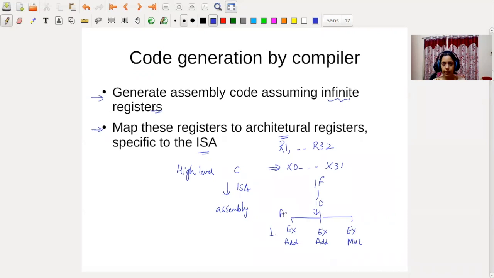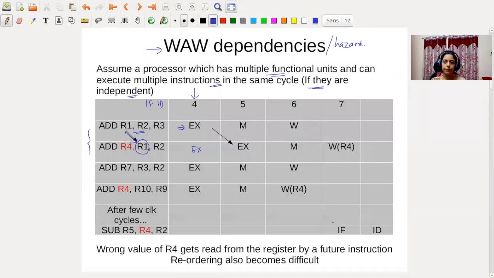So the first EX unit has got the first add, and you could send the second add to the second EX unit because there are two EX units available in the same cycle. But because we have a dependency here on R1, you cannot execute it in the same cycle, and therefore you have to wait till the previous instruction completes its execution so that you can forward that value of R1. Okay, so let us assume that for now.